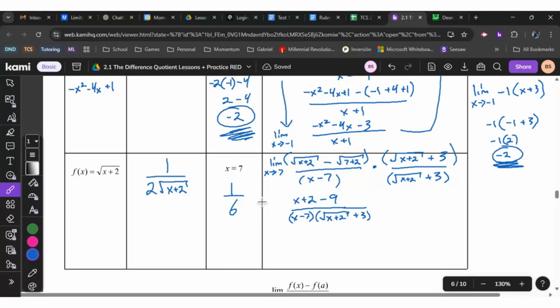Are you all with me still? Yeah? Then I can simplify that top, right? What's x plus 2 minus 9? And what is x minus 7 over x minus 7? It's going to cancel. So I'll write it out a long way for you here. Square root of x plus 2 plus 3. Now those x minus 7s cancel.